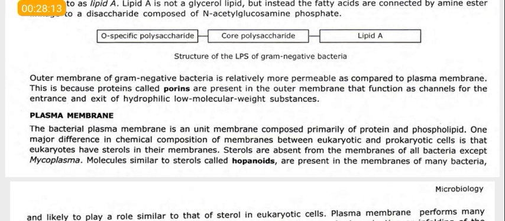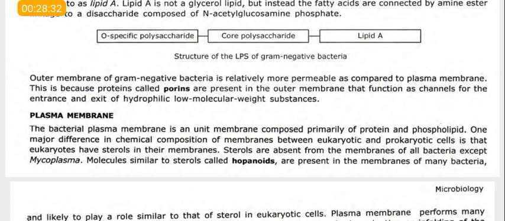Then the plasma membrane. The bacterial plasma membrane is a unique membrane composed primarily of protein and phospholipid. One major difference in chemical composition of membranes between eukaryotic and prokaryotic cells is that eukaryotes have sterols in their membranes. Sterols are absent from the membranes of all bacteria except Mycoplasma.